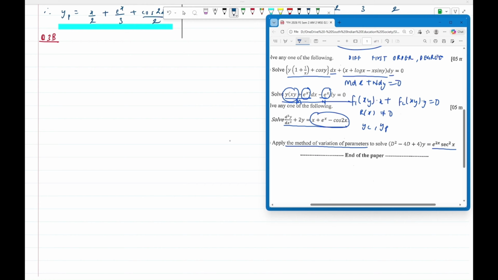Since it's a mix of a few things which we haven't done, we are going to apply the method of variation of parameters. Now the method of variation of parameters involves more steps compared to the problem which we did just before. So let's again start with finding the complementary function first.